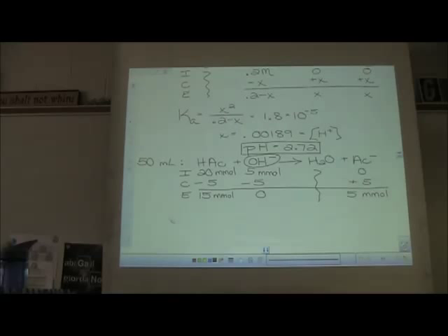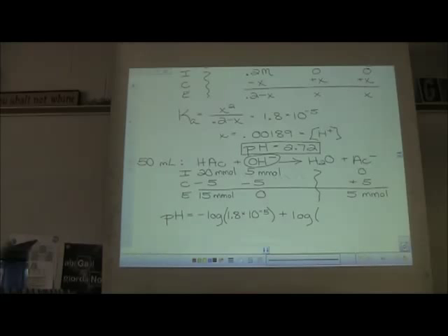So let's review a little bit. pH equals, you have the equation on your equation sheet. It said pH equals pKa. What the heck is that? Negative log of what? The Ka, which was given to me. Plus log of base over acid.